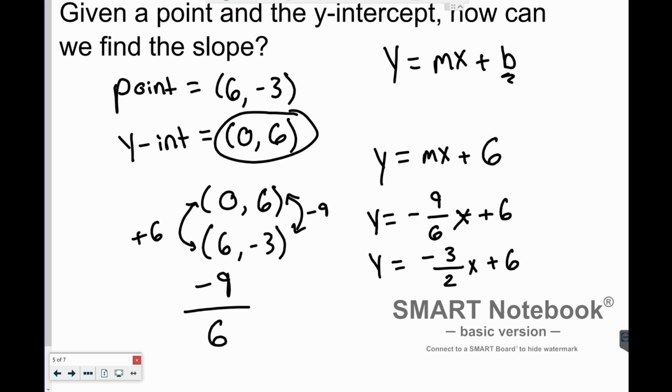We said in this case, to get from 0 to 6, we have to go over 6, so that's 6 in the run category, which is in the bottom, and we had to go -9 to get from 6 to -3, so that's -9 in the rise. So we'll write this out here just to clarify. So our -9 is our change in the y, which is our rise, and our +6 is our change in the x, which is our run.